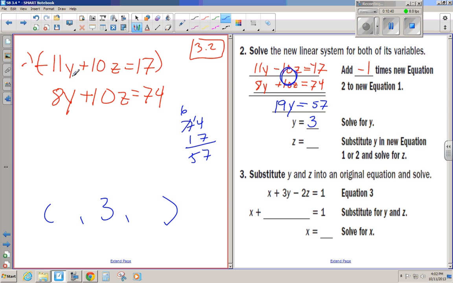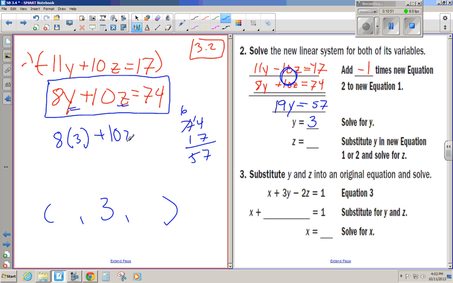I also know that this equation here has y and z. So if I said 8 times 3 plus 10z equals 74, that'd give me 24 plus 10z equals 74 minus 24. 10z equals 50, so z is 5.